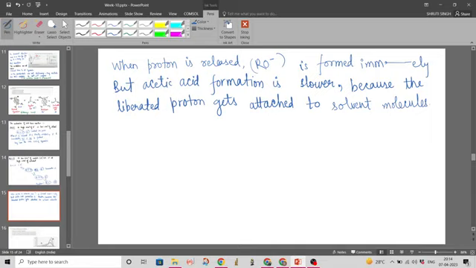So at higher concentrations, acetic acid formation is slower. So the proton transfer process is slower at the higher concentrations of solvent.